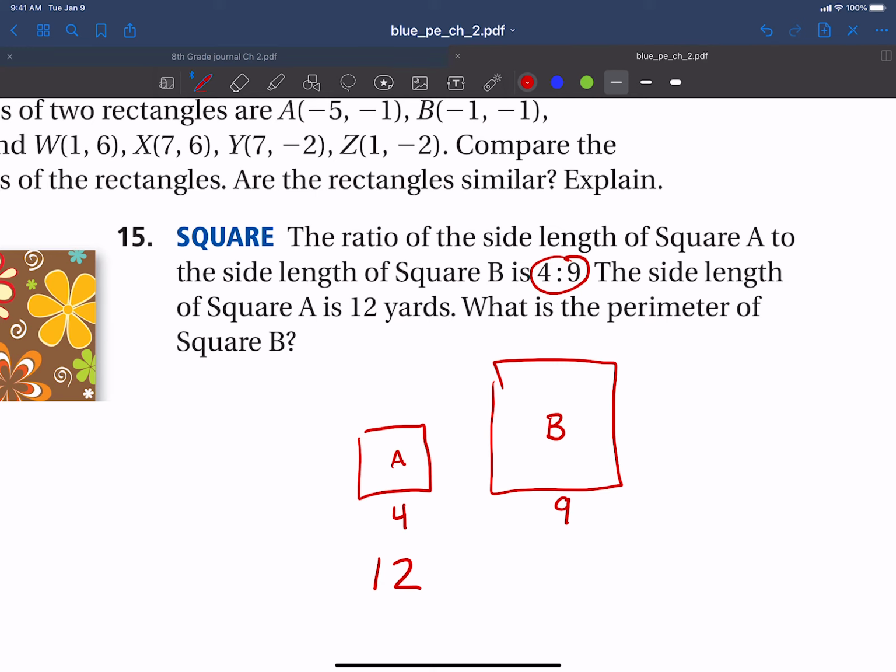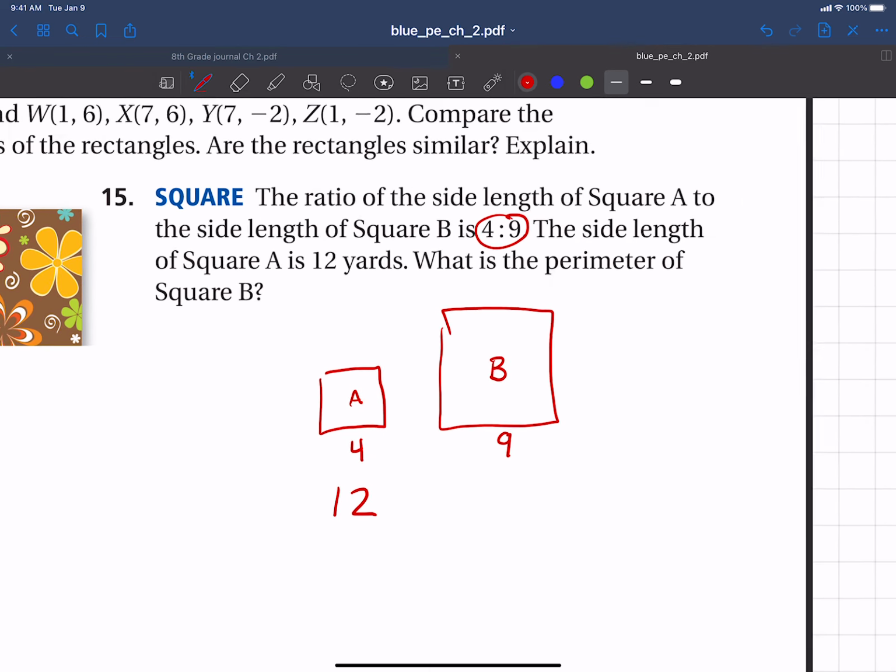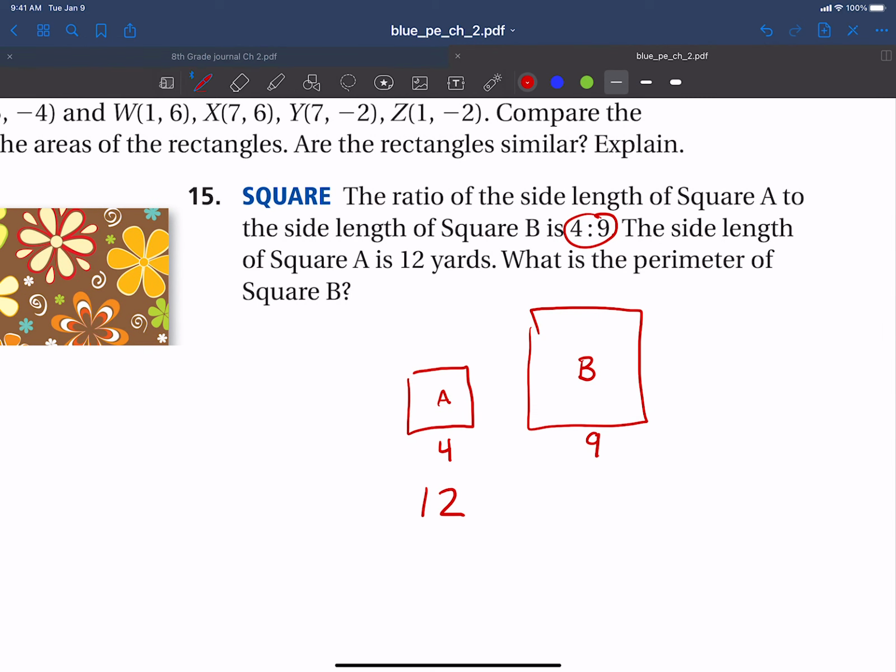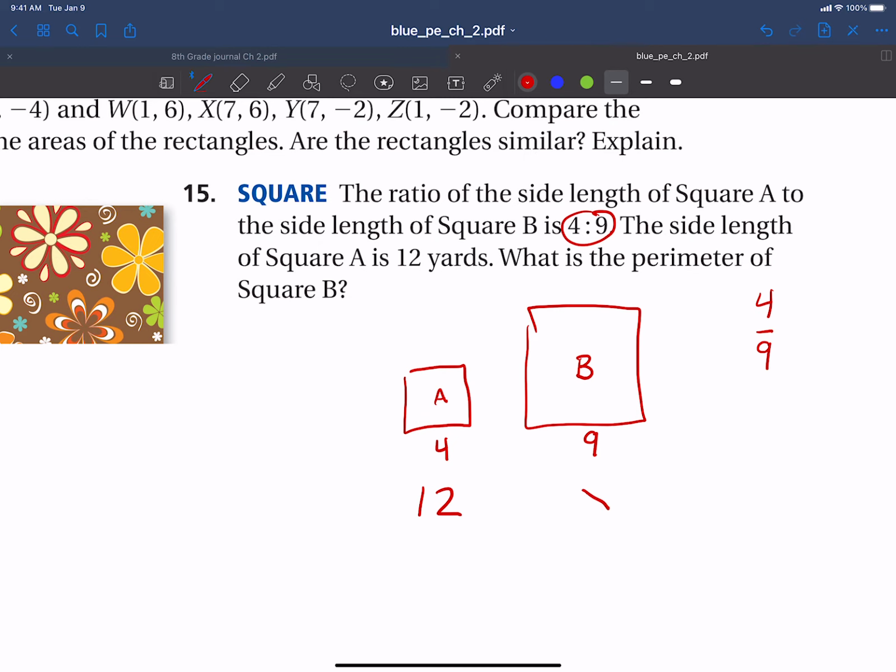What's going on? It told us it was 4, but now it's telling us it's 12. The ratio of the side lengths is 4 to 9, right? But then it's saying the side length of A is 12. What is the side length of B then?